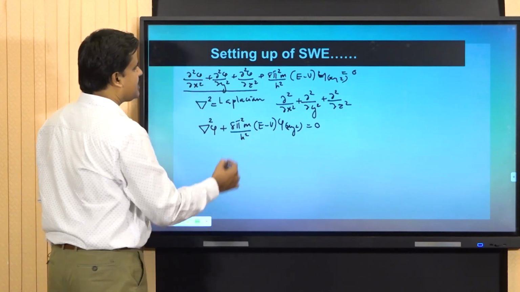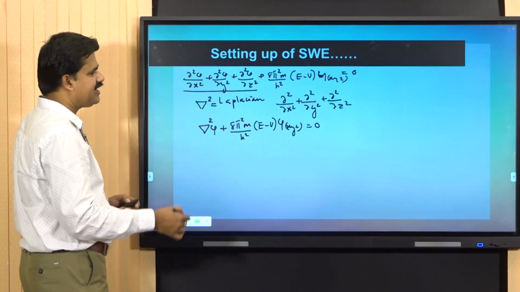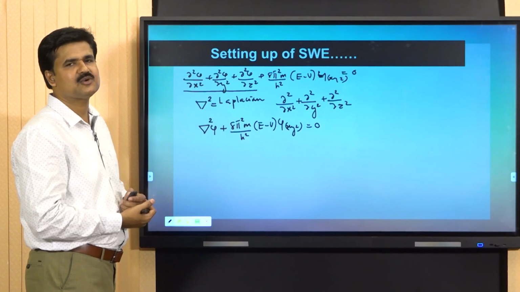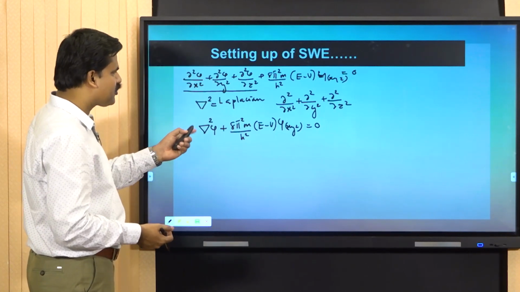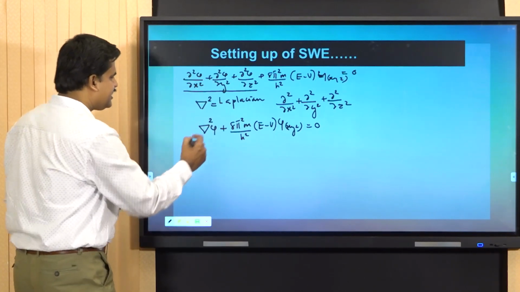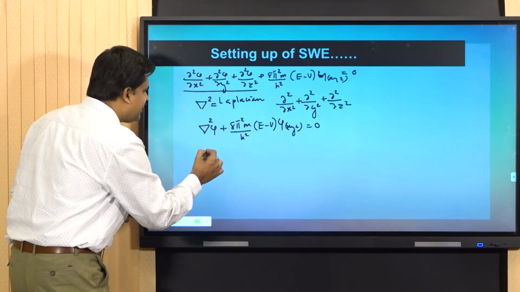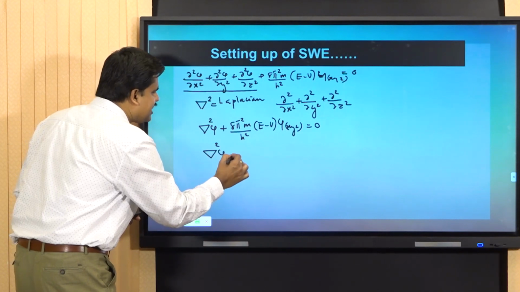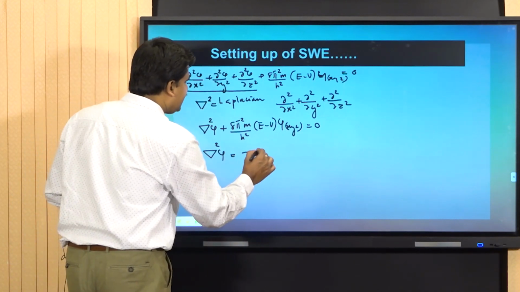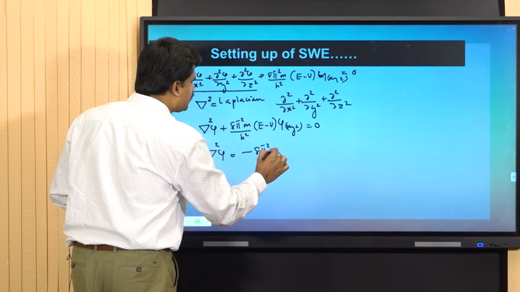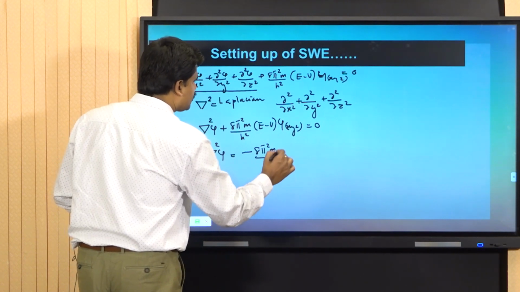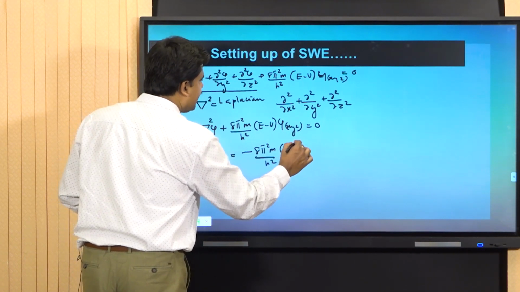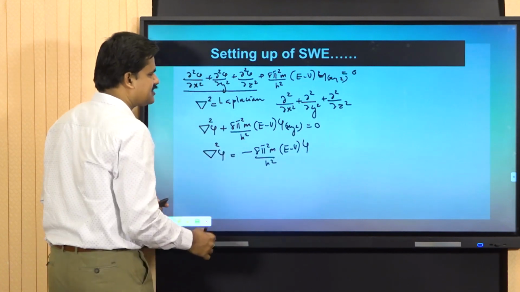This term can again be simplified to get Hamiltonian psi is equal to E psi by proceeding as follows. That is, I can split again into 2 parts. That is, del square psi equal to minus 8 pi square m by h square into E minus V into psi of x, y, z.